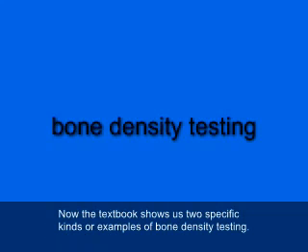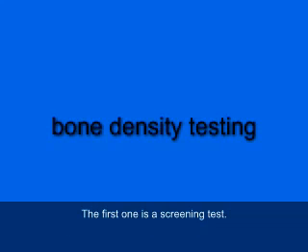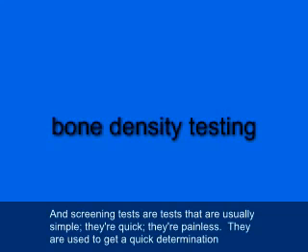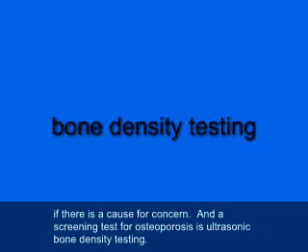Now the textbook shows us two specific kinds or examples of bone density testing. The first one is a screening test. And screening tests are usually simple, quick, and painless, and are used to get a quick determination of if there's a cause for concern.